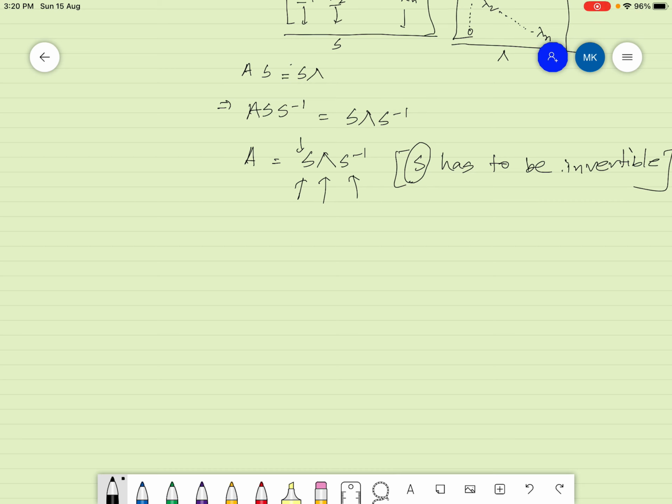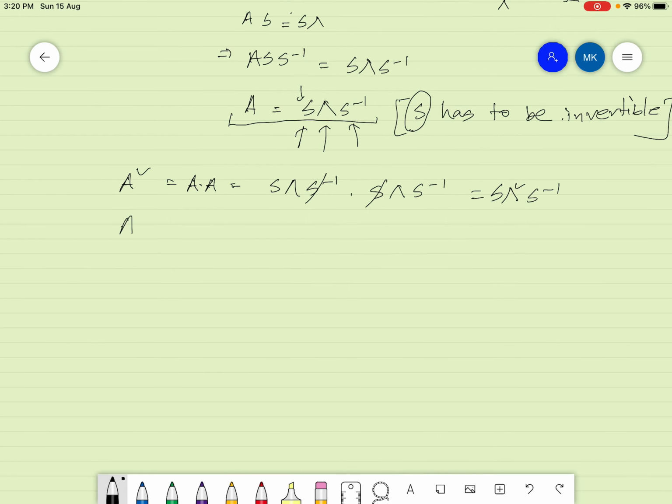Now why did we convert A into this format? Because if we now multiply A square, that means A into A, so you have S lambda S inverse into S lambda S inverse. So you have S inverse and S cancelling out each other, so you'll have S lambda square S inverse.